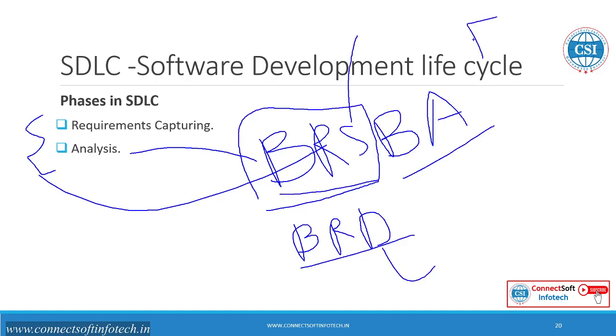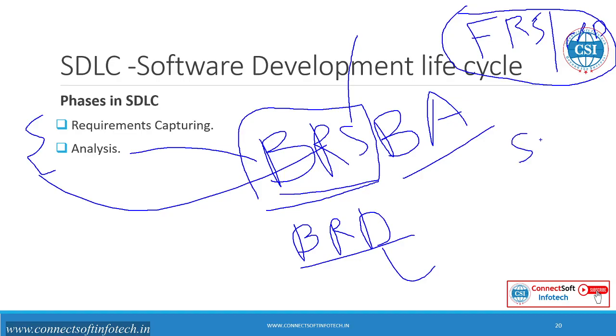In the software industry, these three documents are very important. FRD or FRS, that is functional requirement specification or functional requirement document. This document is generally referred to by testers.